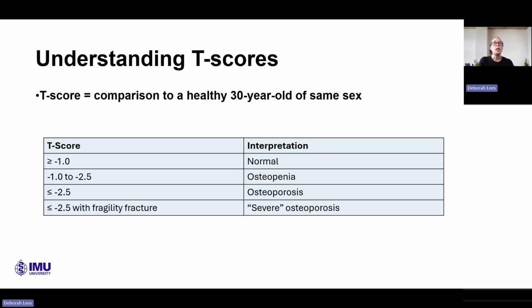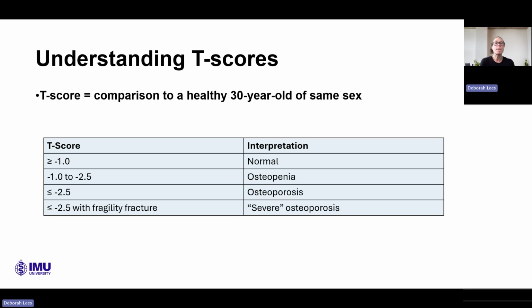Okay. So your T-score, if it is greater than or equal to -1, you've got a normal score. So you are either better than or equal to a young person at peak bone mass. If you are 26 years old and you had a DEXA scan, you would ideally want your T-score to be -1 or greater.